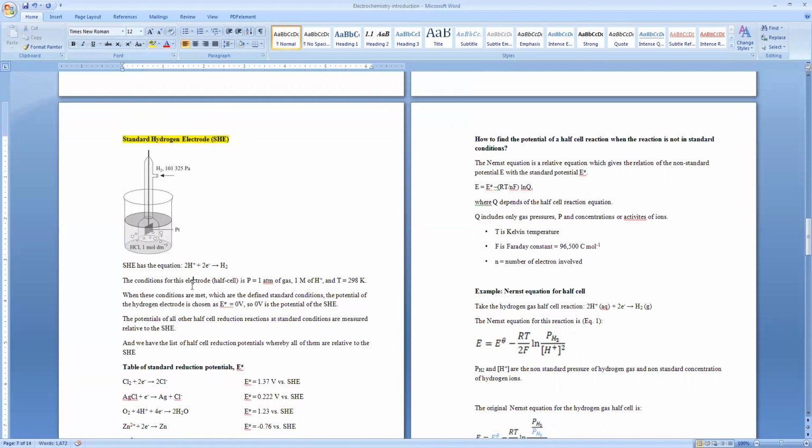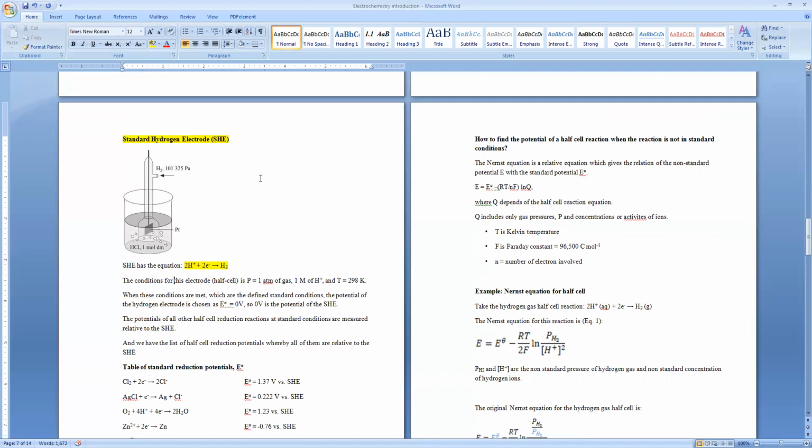SHE stands for standard hydrogen electrode. The standard hydrogen electrode is a half cell, and this is its reaction. The condition at this half cell is that the pressure is 1 atmosphere, meaning the hydrogen gas pressure is 1 atmosphere. 1 atmosphere is 101,325 Pascal, or Newton per meter squared.